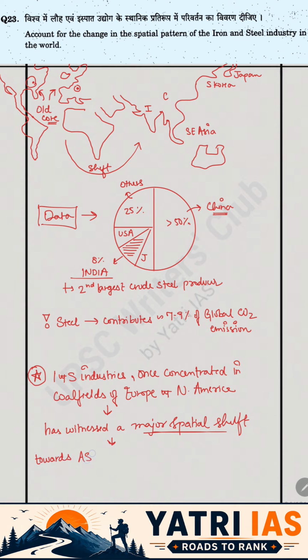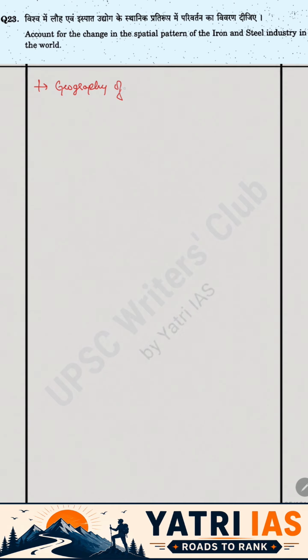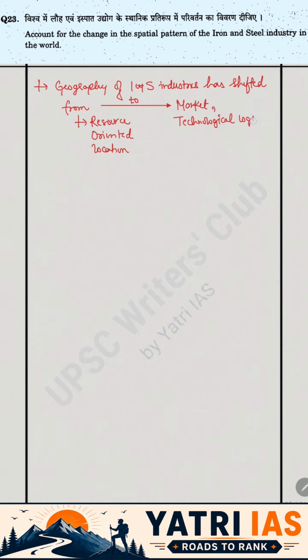towards the Asia and coastal manufacturing hubs, due to a variety of reasons: globalization, technological advances, changing resource economies, and geography of iron and steel industries has shifted from resource oriented location to market, technological, logistics, and decarbonization oriented location.